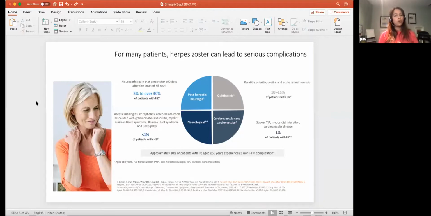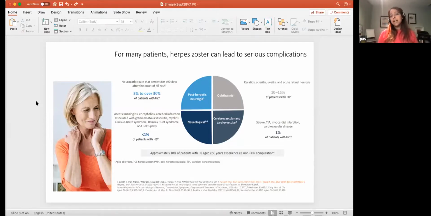It is a horrible neuropathic pain that can last for 90 days or longer. So it's definitely not the type of pain that you want to grin and bear. It's not going to go away anytime soon. And it's important to emphasize this to our patients so they're aware that shingles is not just the condition in and of itself, but it can come with complications that they want to protect themselves against.